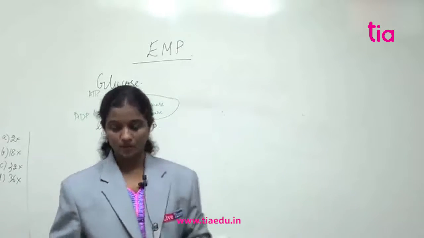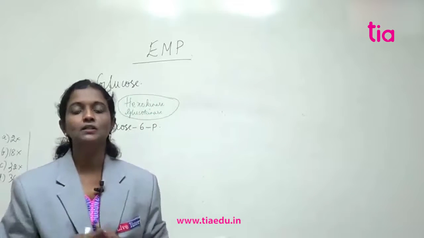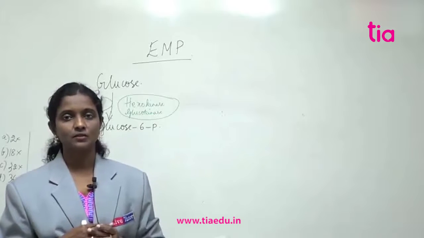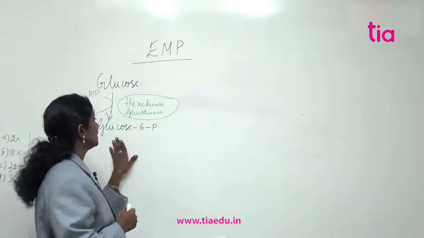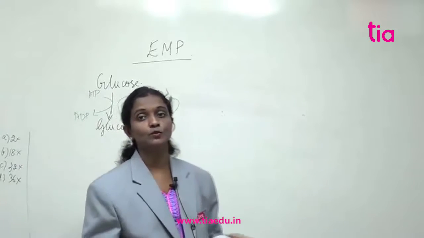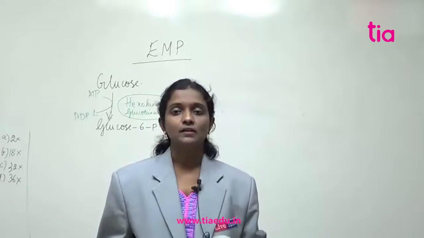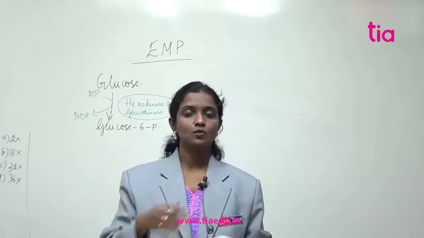Okay, now shall we go for the next step? Having understood this, we also have to bring in all the knowledge about enzymes here. The first step is a very vital step in the conversion of glucose to glucose 6-phosphate. Glucose requires transporters to shuttle inside and outside the cell.